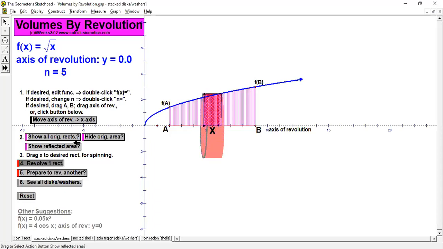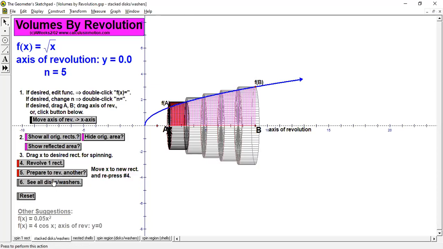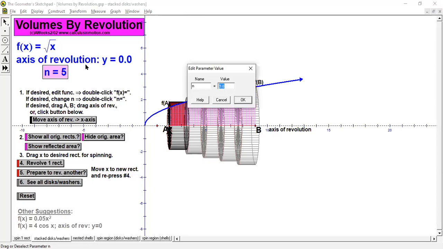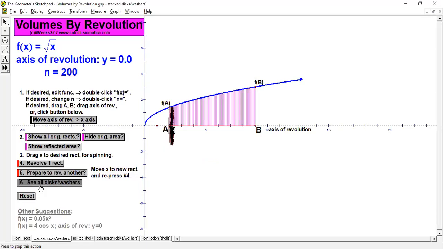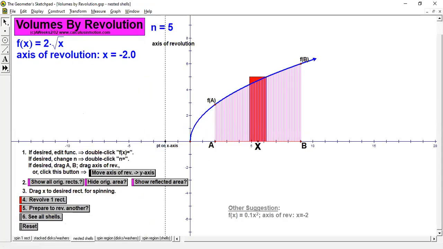But that's the idea. We're giving ourselves a bunch of these added together. And when these slivers are small enough, we end up with a nice smooth curved surface here.